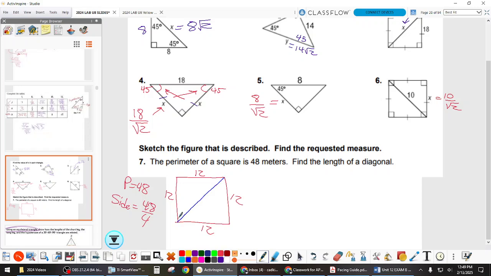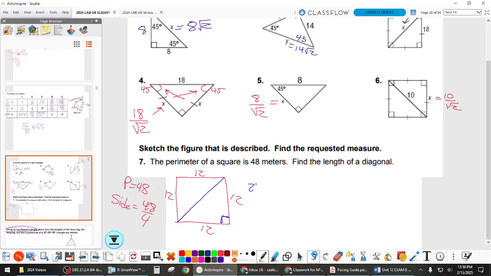Remember the diagonals? Okay. Could you use the Pythagorean theorem? Well, remember we have a 90 right here because we were told it's a square. Could you use the Pythagorean theorem? Yeah. But you don't have to, but you could.